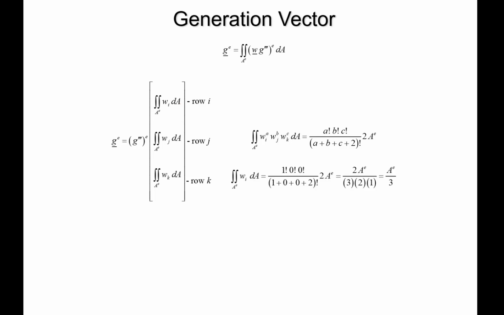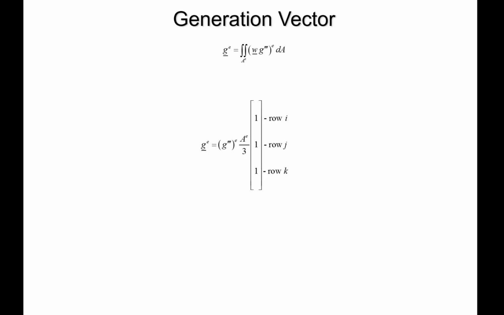If we plug that into this equation, we find that this area integral is just the area of the element divided by 3, and that is true for all three of those area integrals. With that substitution, this is what the generation vector looks like inside of the element. It's the volumetric generation in the element multiplied by the area of the element divided by 3, and then there's a 1 in rows I, J, and K.